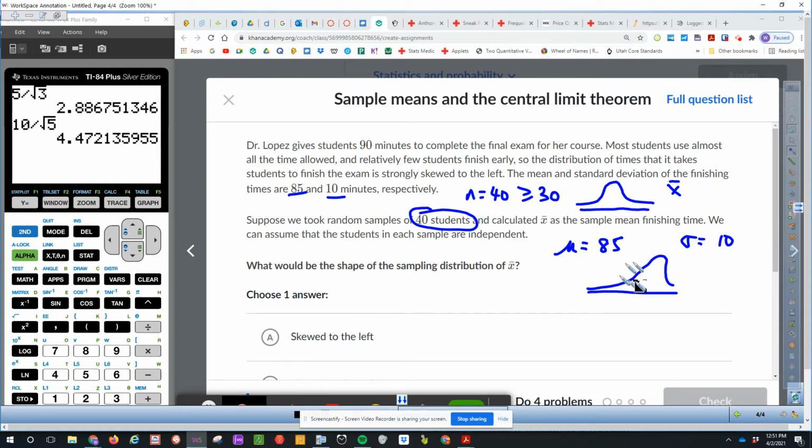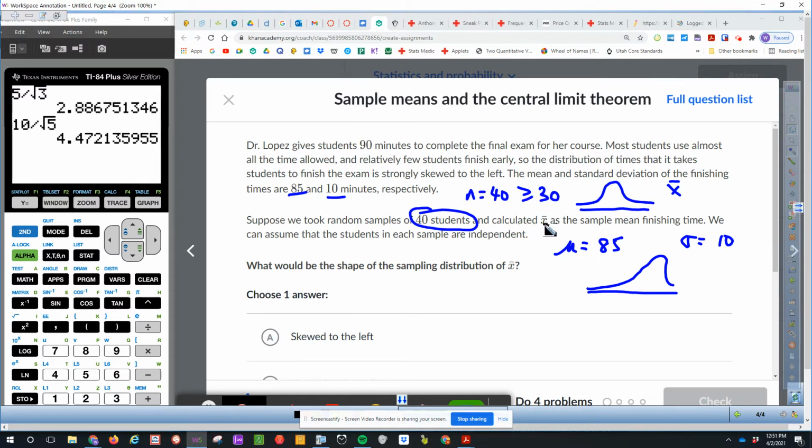Even though the population is skewed left, because the sample size is 40, which is greater than or equal to 30, right? 30 is just a number. As long as the sample is large enough. How large? More than 30.